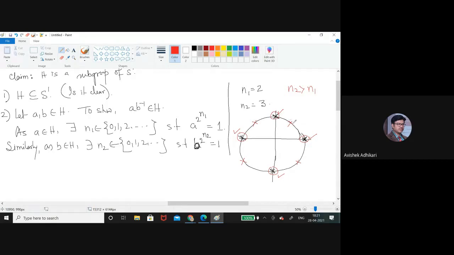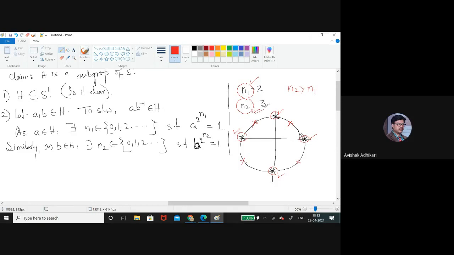They are the extra points, but it also includes the previous ones. So if the value of N2 is more than that of N1, then suddenly all the points that are encountered for N1 will also be encountered for N2.